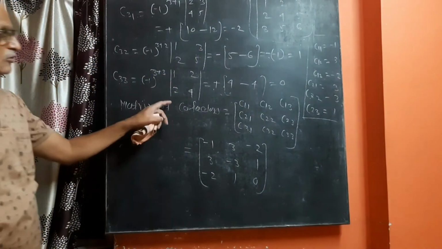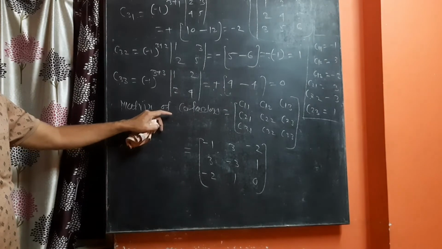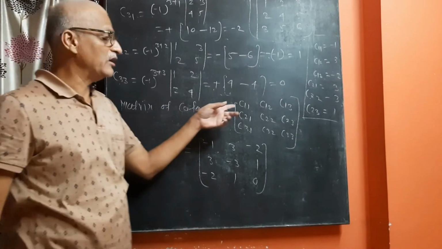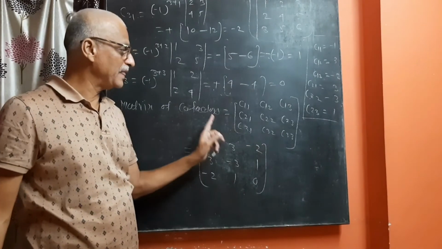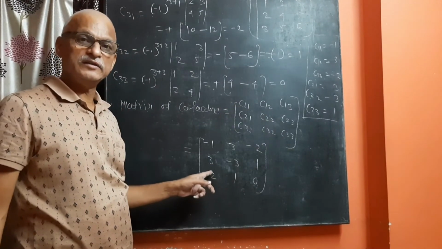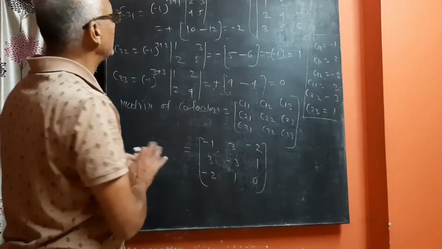This is matrix of cofactors. I repeat again. जो वैल्यूज हम लोगों ने C11 अप टू C33 निकाला है वो सब वैल्यूज यहाँ पे सिक्वेंशियली लिखा है यहाँ पे.